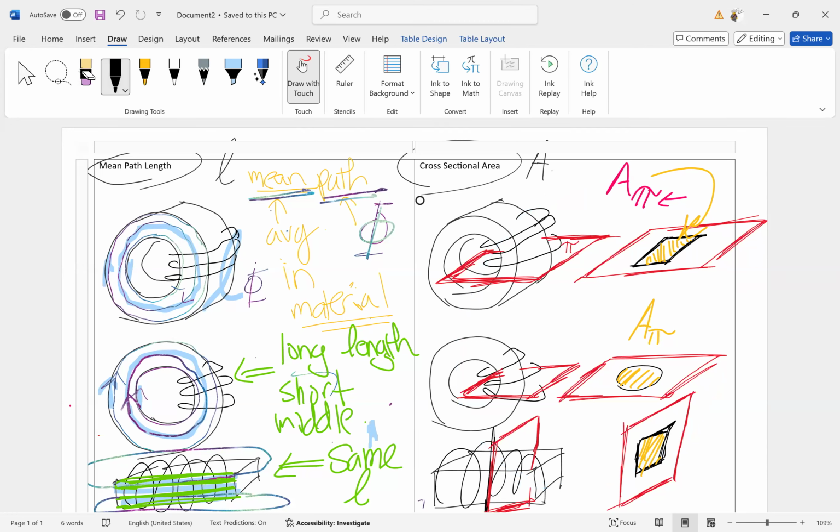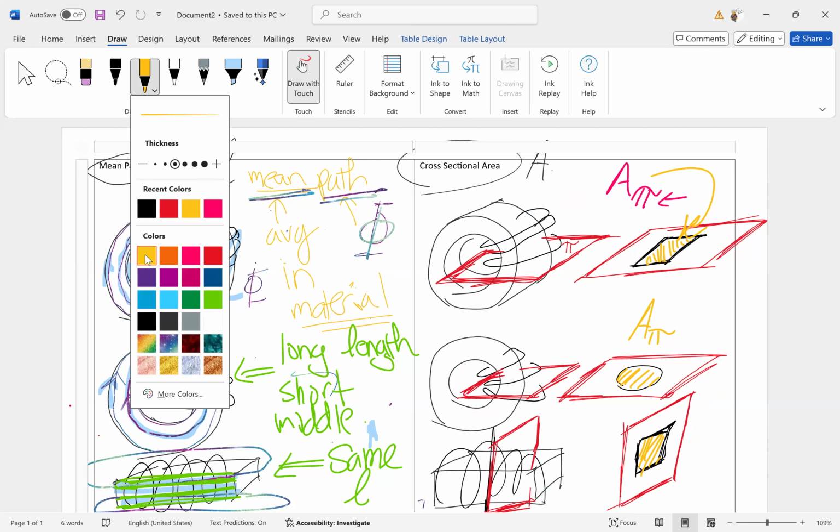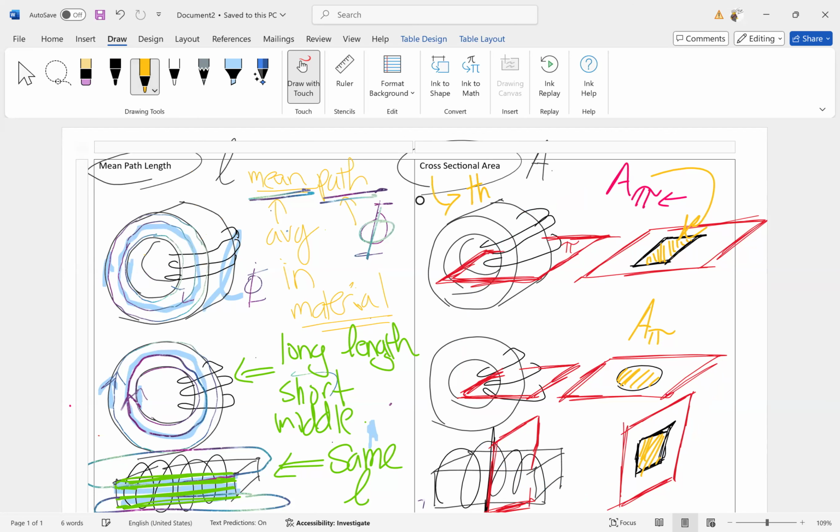Now, why did I cut this cross-sectional area here? Because I'll put a definition of it here. A pi, or a cross-sectional area, is that which has flux lines cutting through perpendicularly.